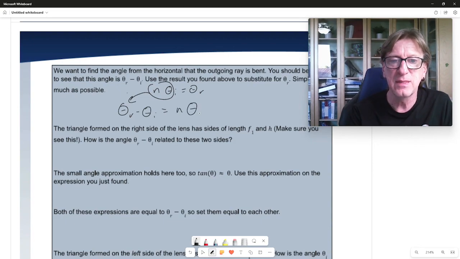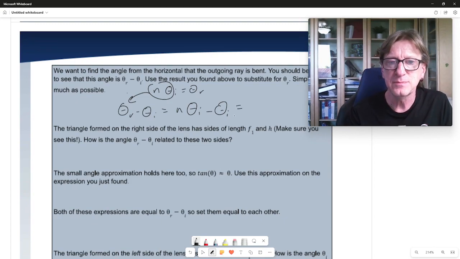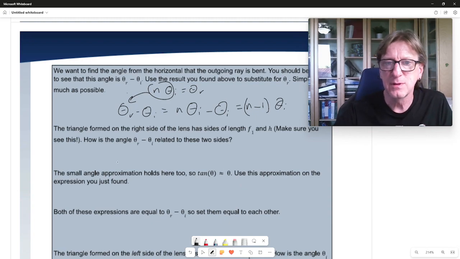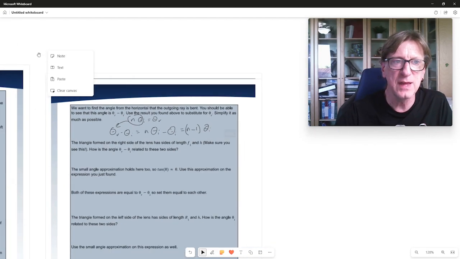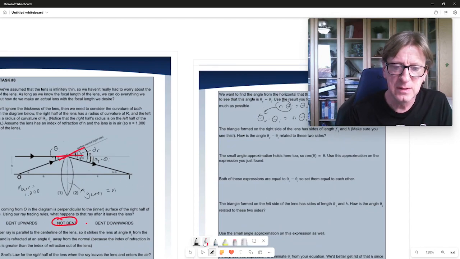That tells me that n theta I minus theta I is what that value is. And so I can factor out my theta I. So that angle is n minus 1 times theta I. That's the value of that outgoing ray angle. So this angle from the horizontal must be n minus 1 times theta I.